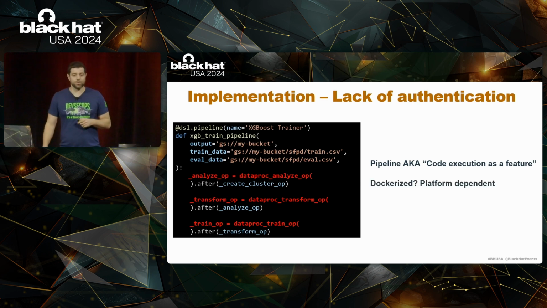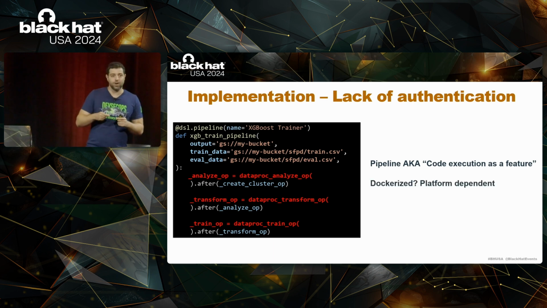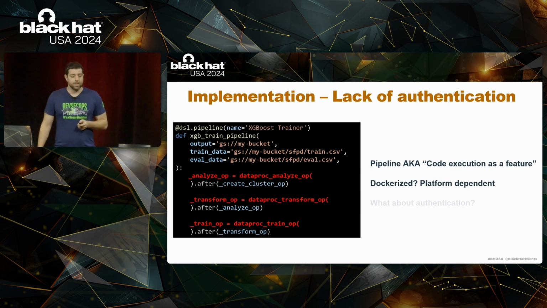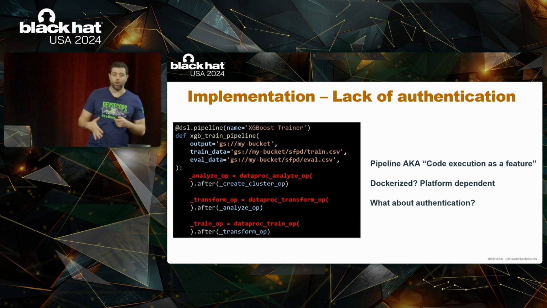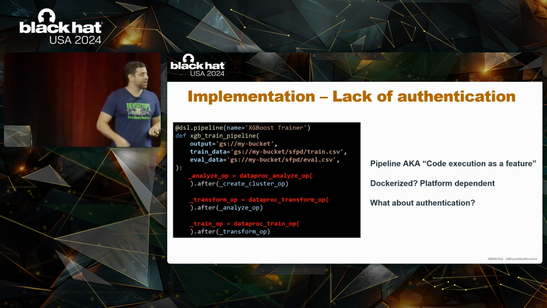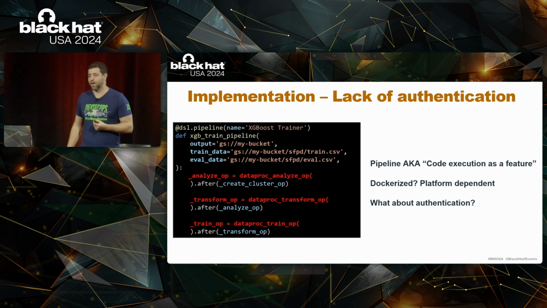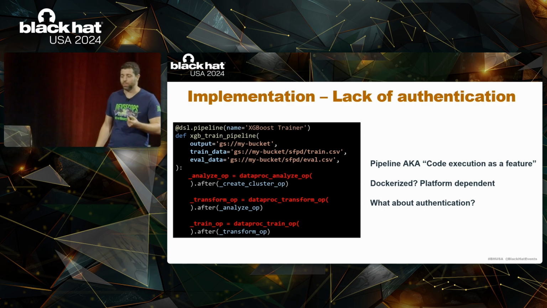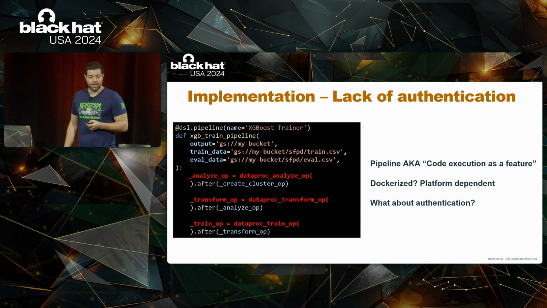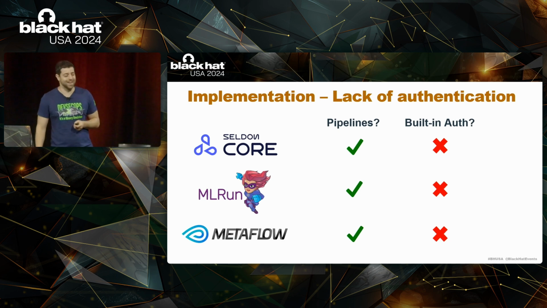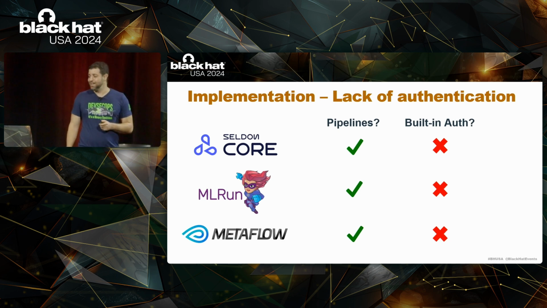So some of these platforms require that the pipeline runs inside a Docker container, but some of them don't, and we'll see that. And you would think that with remote code execution as a feature, then probably the authentication on these platforms is really strong with role-based access control, right? Of course, as you would expect, the answer is no.